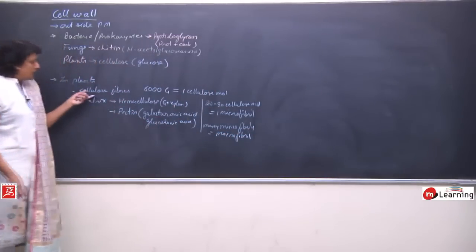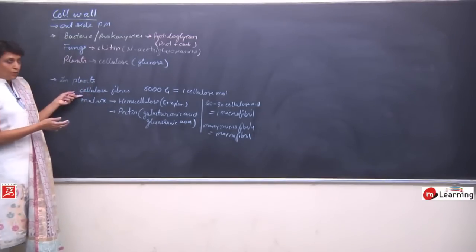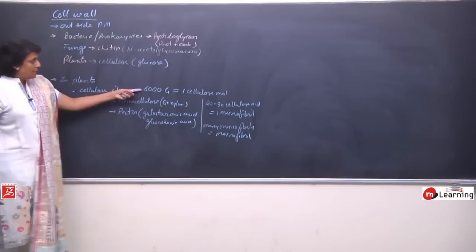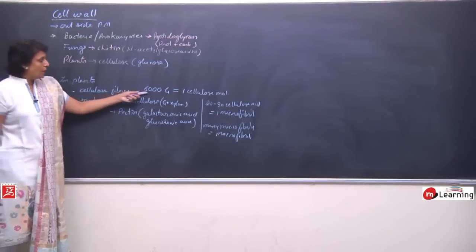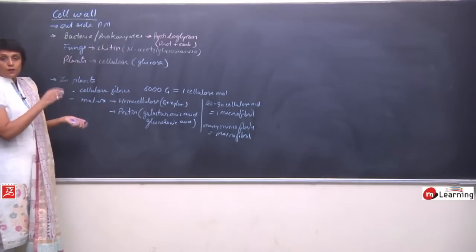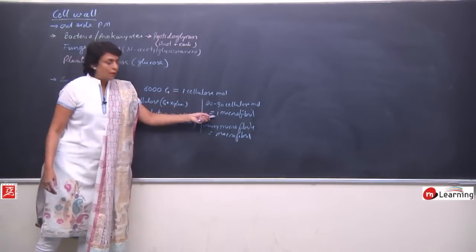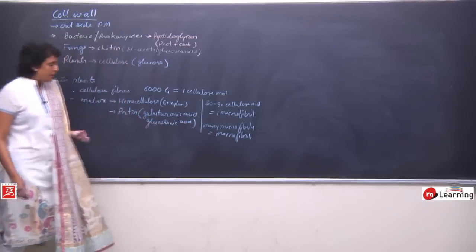And in the cell wall, when we say it is made up of cellulose, we find micro and macrofibrils, and ultimately it is made up of glucose. So it's a polymer of glucose. First from glucose we get cellulose. Many cellulose would give us a microfibril and many microfibrils would give us a macrofibril.